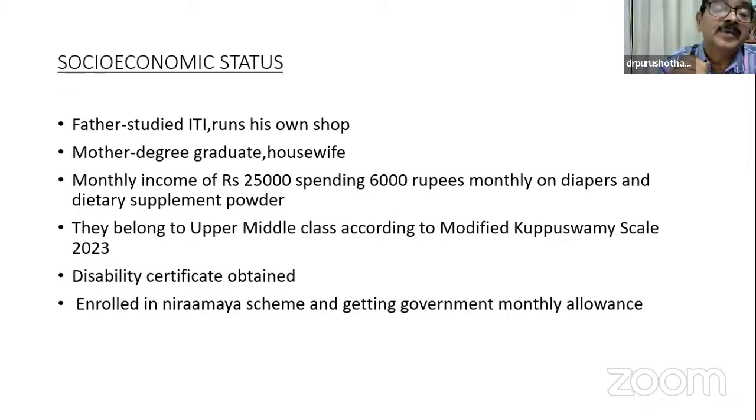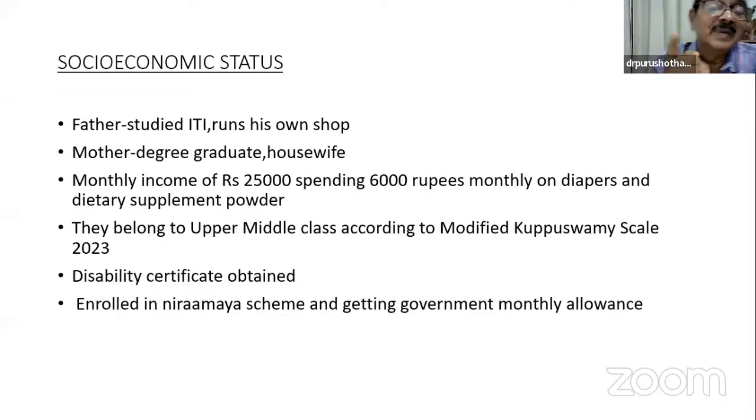It is a right. You need to know the RPWD Act 2016, and these are social supports for this group of people. Many other rights are there for the parents. Teachers may ask, they are more interested in the caregiver burden of the mothers and the problems of the siblings, which we all underestimate. How much the other siblings are suffering, and about the mother's life.